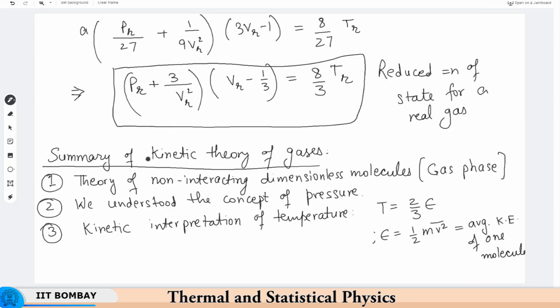All right, the next thing that we did was we also evaluated the molecular speed distribution, right? And it was as follows.